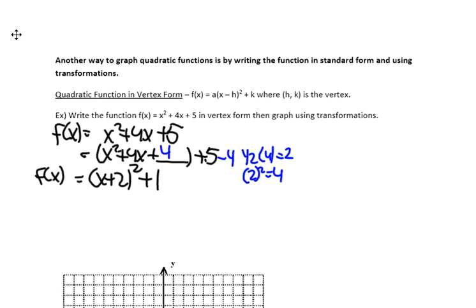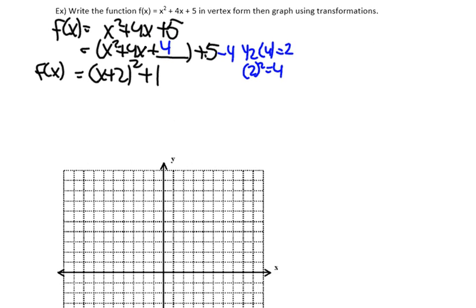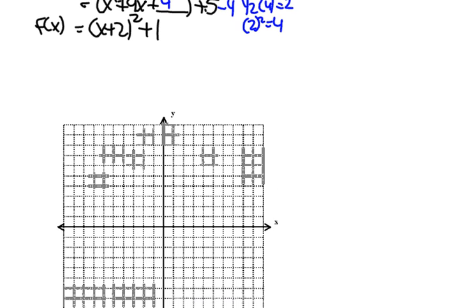So now we should have absolutely no problems graphing this using transformations. So if you recall, we're always going to start with the parent function. Well, because this is quadratic functions, it'll be x squared here. So what's next? I need to take care of the plus 2 on the inside.